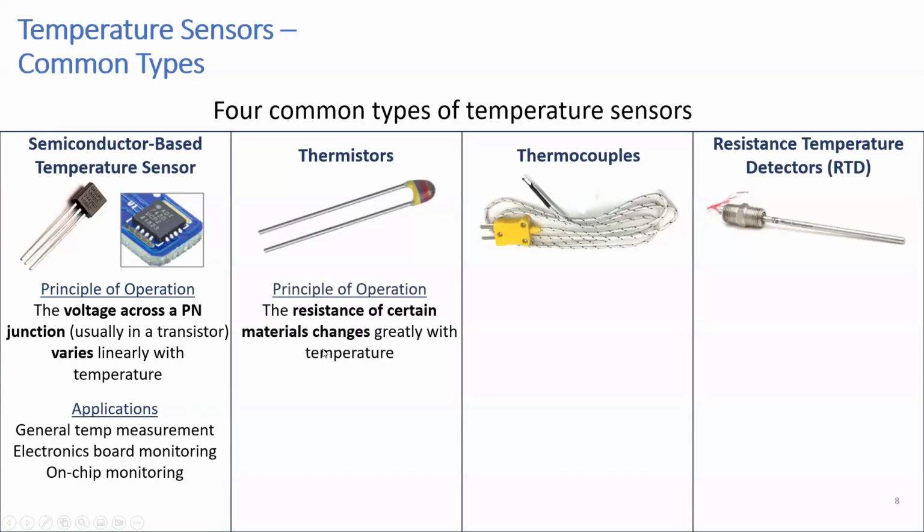So thermistors work on this principle. The resistance of this thermistor material changes greatly with temperature. Greatly is relative, but it changes enough to get a good temperature measurement when the resistance of that resistor changes.